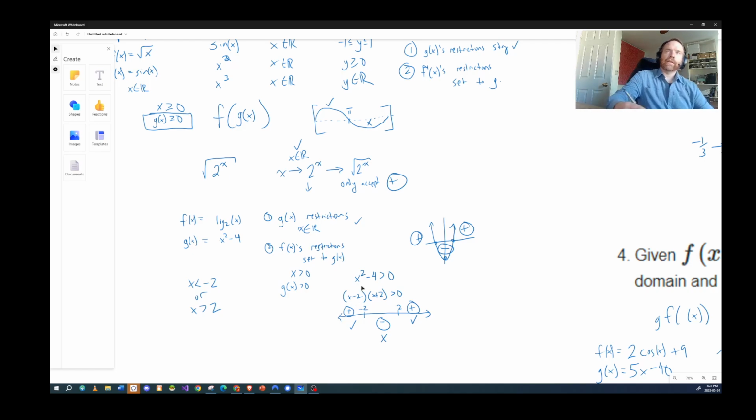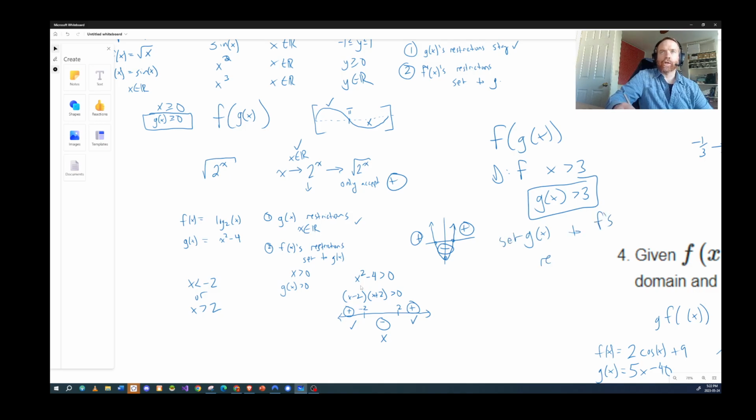Let's just do quickly f of g of x, and let's say the domain of f was x greater than 3, just for example. Then in this question, g of x has to be greater than 3. So you set g to f's restrictions. That's a really important idea for getting these ones right. So that's idea number 2.